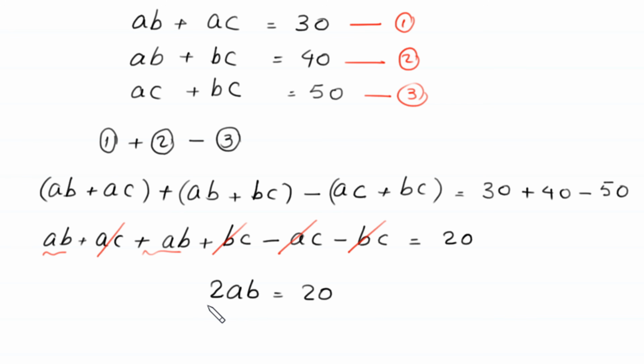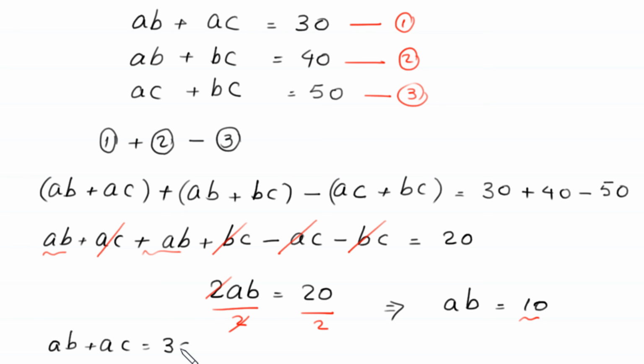And from here we divide both sides by 2, so this 2 will be cancelled out with this 2, and we get the value of a times b is equal to 20 divided by 2, 10. Now we put this value of ab, 10, in equation 1. Equation 1 is a times b plus a times c is equal to 30.